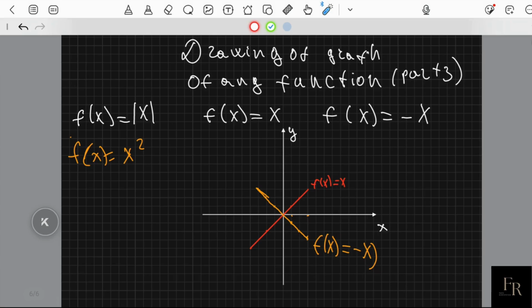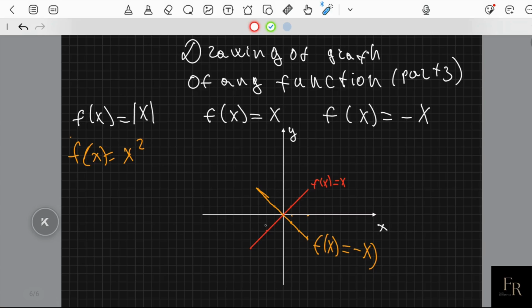So if x is plus 1, then y is plus 1. If x is minus 1, y is plus 1. If x is minus 2, y is plus 2. If x is 2 or minus 2, again y is plus 2.